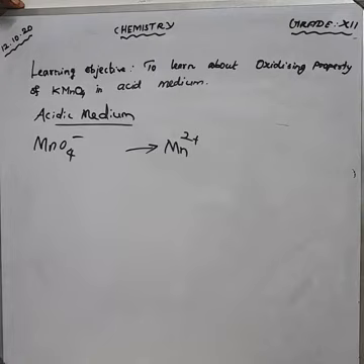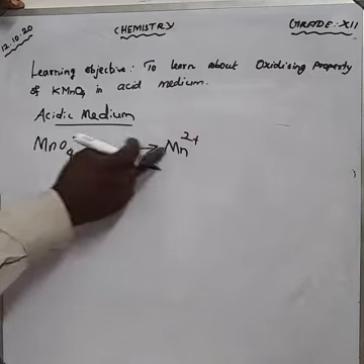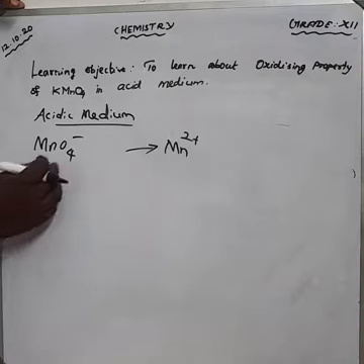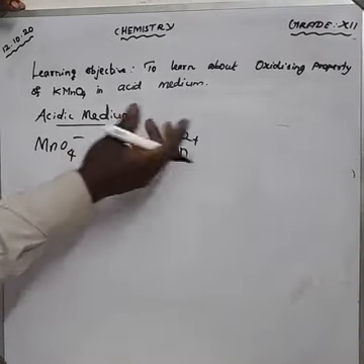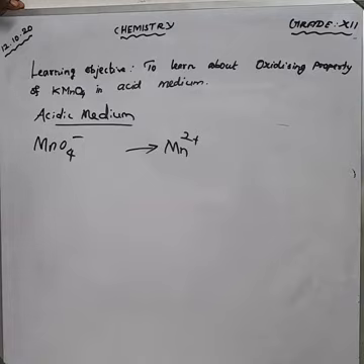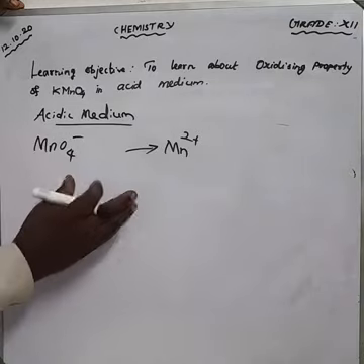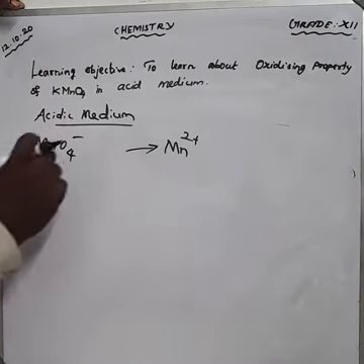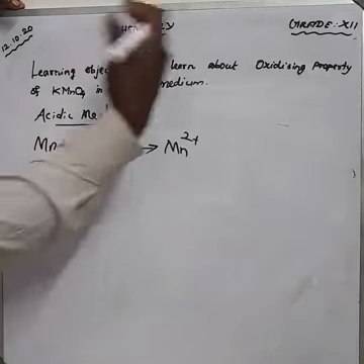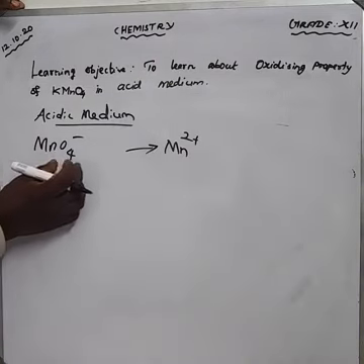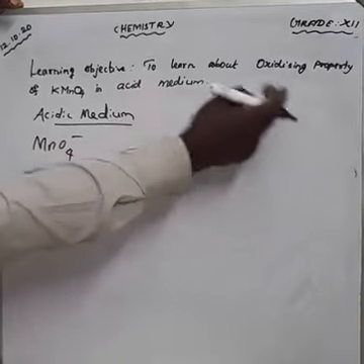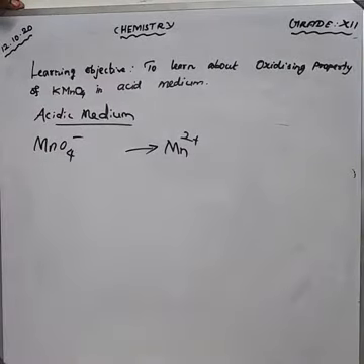This is one. The right side has only one manganese and the left side also has only one manganese. Next, the oxygen. Here there are 4 oxygen, but on the other side there is no oxygen. So by balancing oxygen, an equal number of H2O molecules is added to the opposite side, not on the same side.